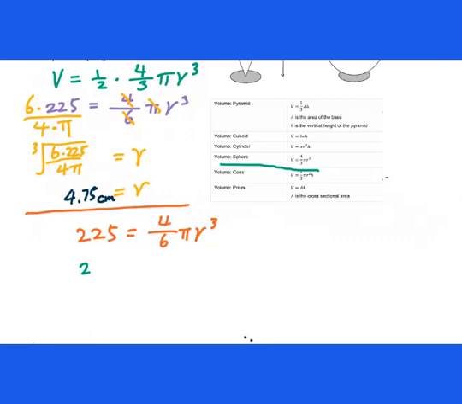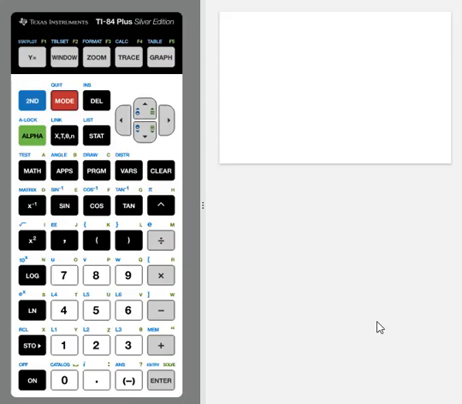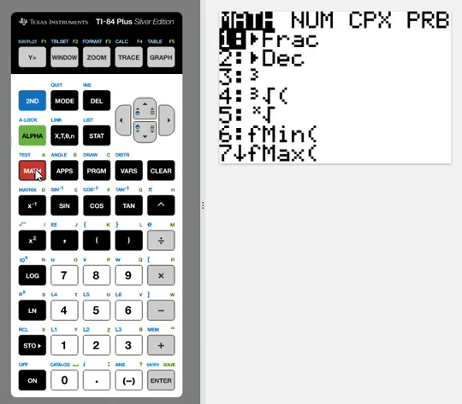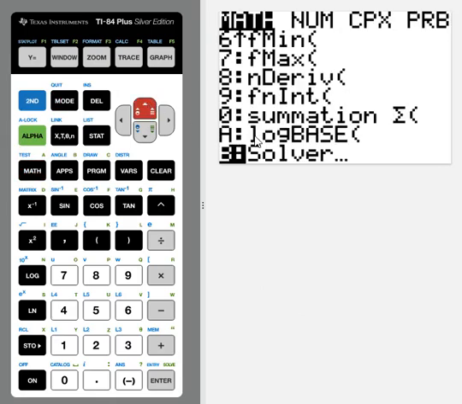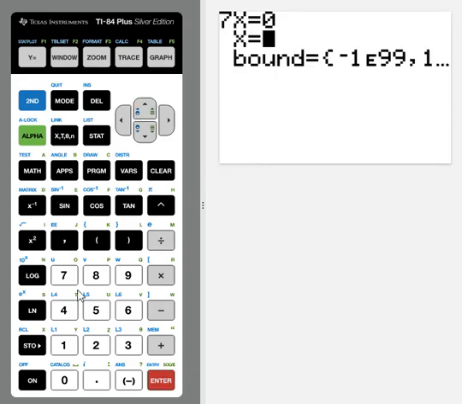You have to turn it into 225 minus 4/6 pi r to the third power equals 0. Then you can go to the equation solver. How do you go to the equation solver? We press math, up arrow, so that you go to solver, enter.